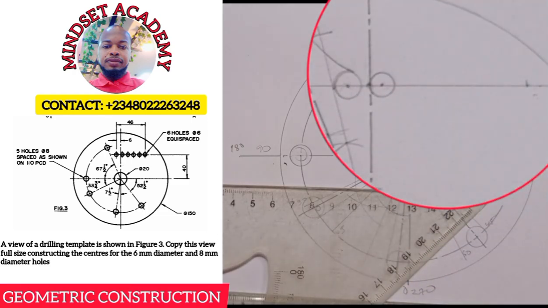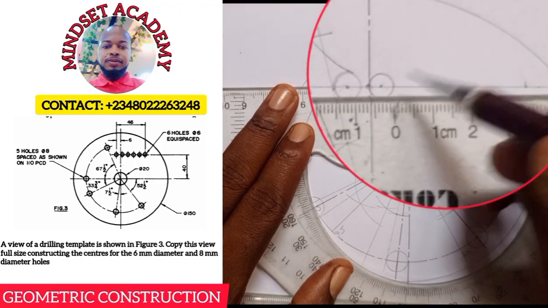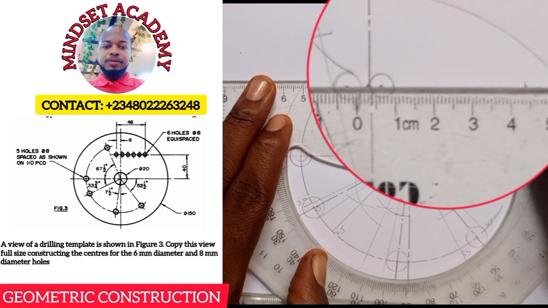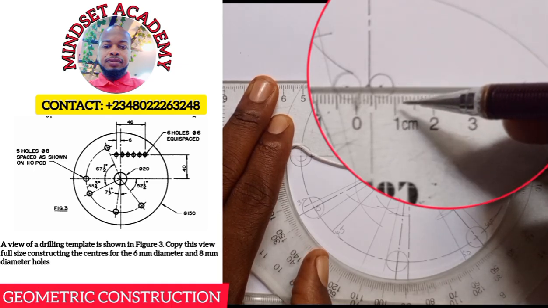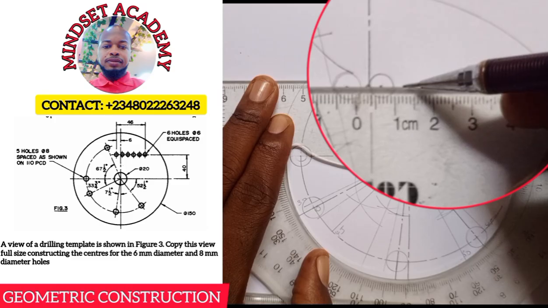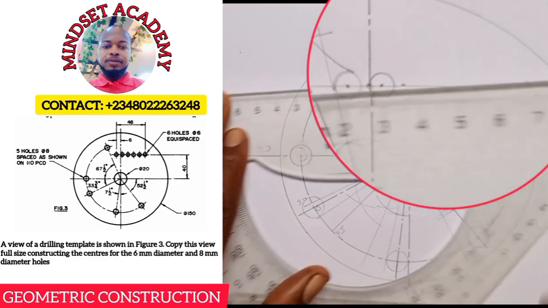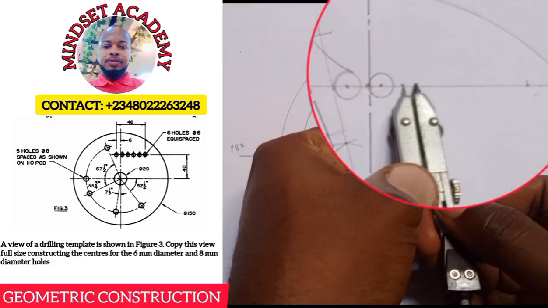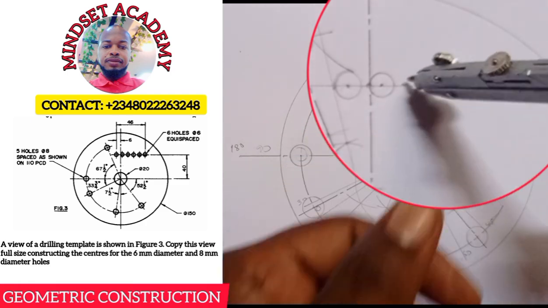You can see that. Then I'll come again from the end of the circumference here, and I'll mark again, starting from 1, so this is 1 to 2 millimeter again. So they are all 2 millimeter apart. From that same point with the same radius again, I'll place it here and mark again.